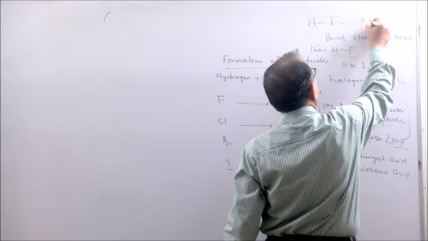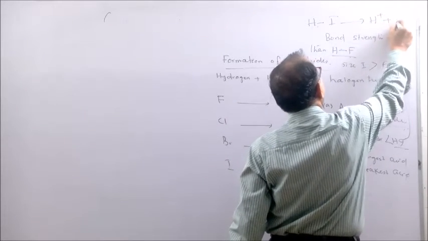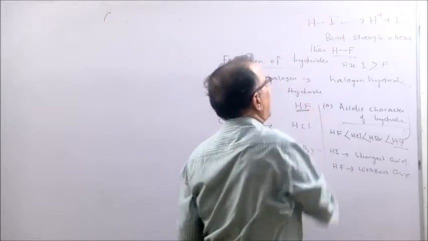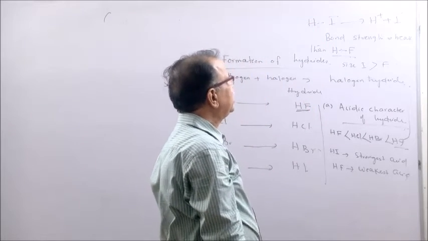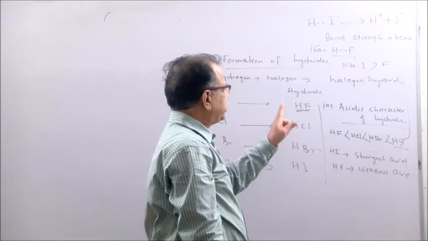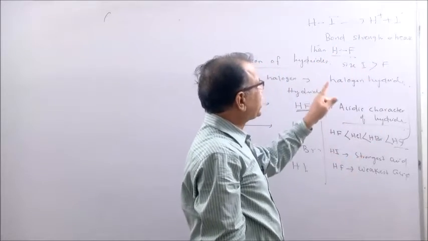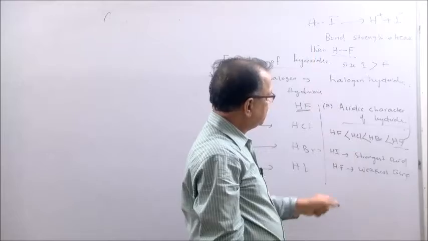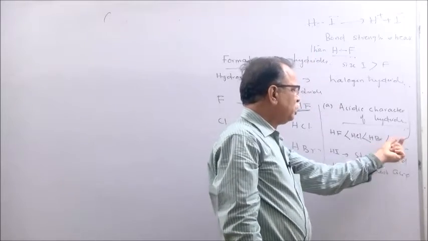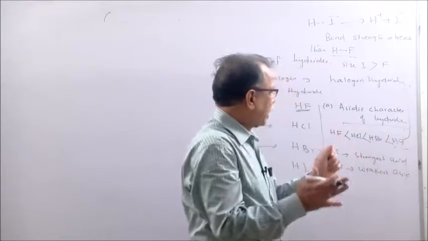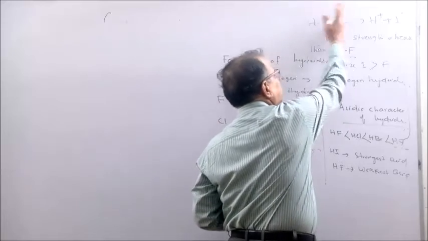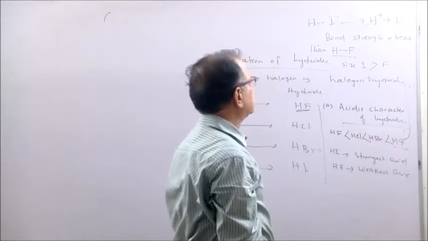HI gives H plus and I minus. So the bond breaks easily, giving H+ and I-. The substance which is capable of giving a proton is called an acid. Whichever has more capacity is the stronger acid. Since HI has very low bond strength and bigger size, the bond breaks automatically and it gives H+ and I- quickly.